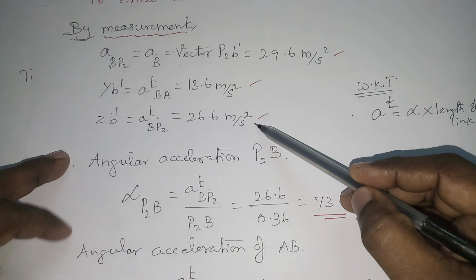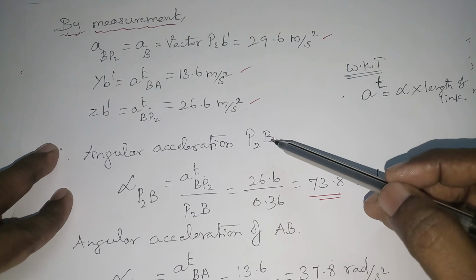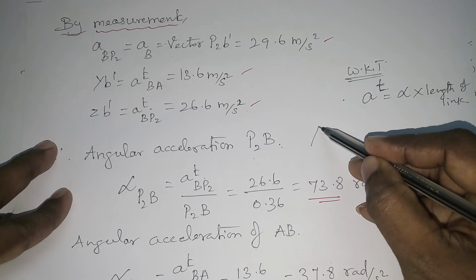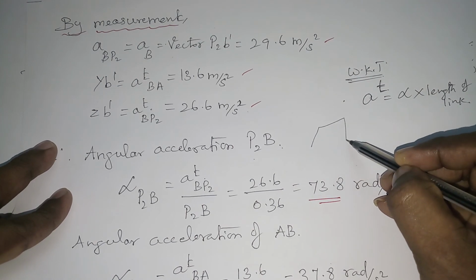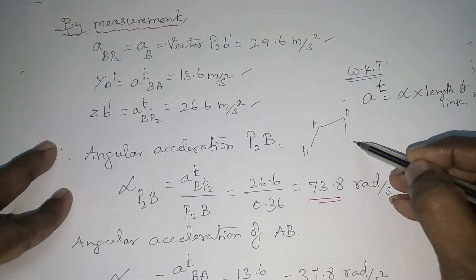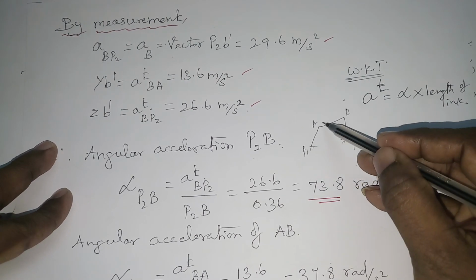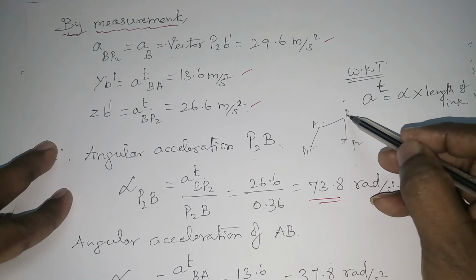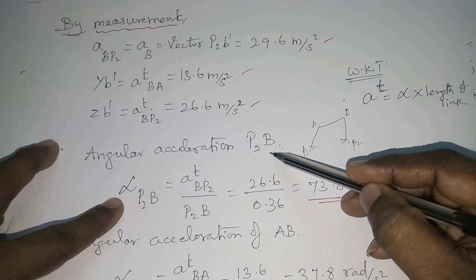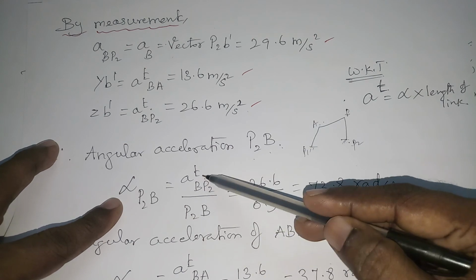meter per second square. Now for this one, that is the intermediate link, P2P is nothing but this is the input link, intermediate, this is output. Okay, this is P1, A, B and P2, these are all fixed. So they are asking for the angular acceleration of AB and BP2. Now BP2 angular acceleration alpha, the formula is AT by length of the link.